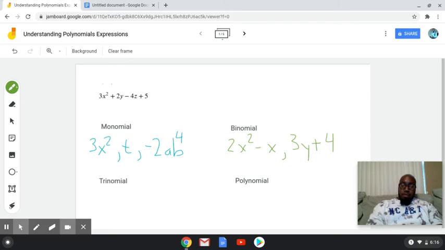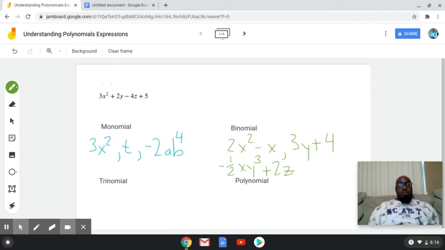We can have negative 1/2 xy to the third plus 2z. Okay. Those are all examples of binomials.